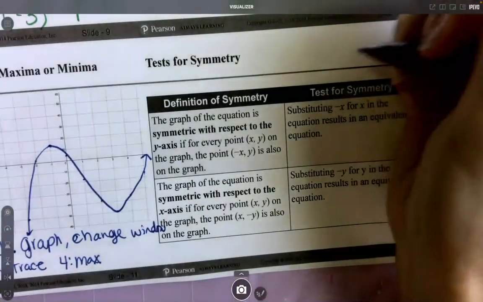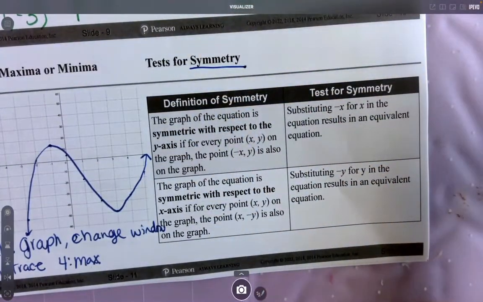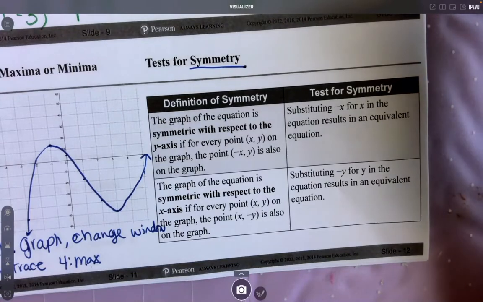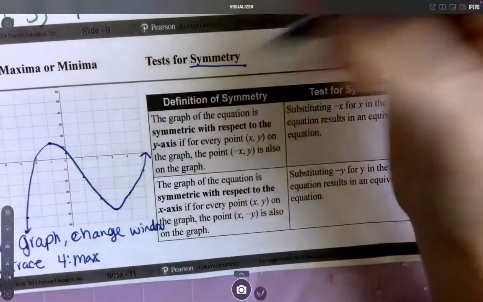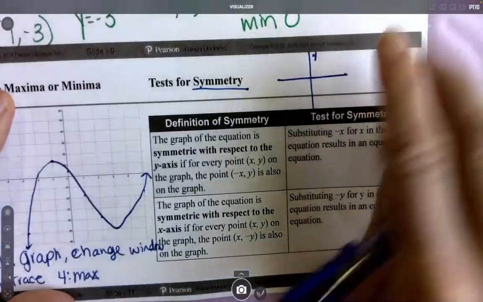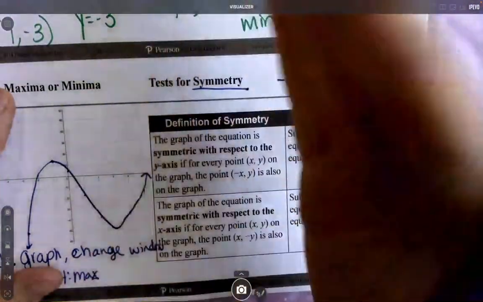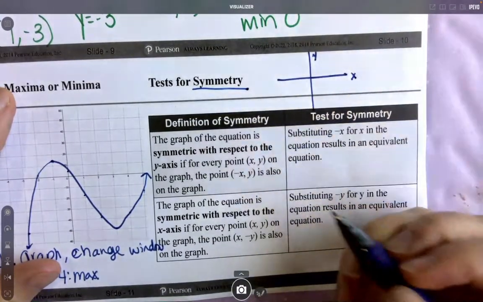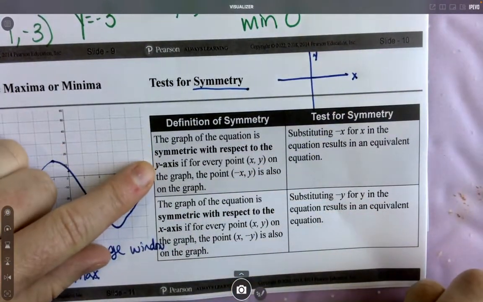Symmetry. Test for symmetry. So symmetric. Things are the same on both sides. So to test for symmetry, we have 3 different things we're testing. Is it symmetric about the y-axis? So if you flip it or reflect it across the y-axis, is it the same? And so that's for the y-axis.